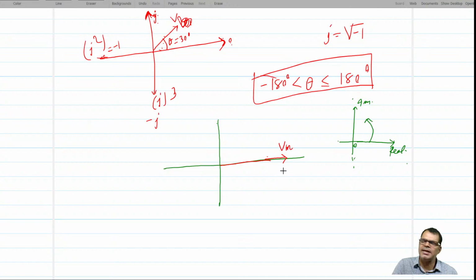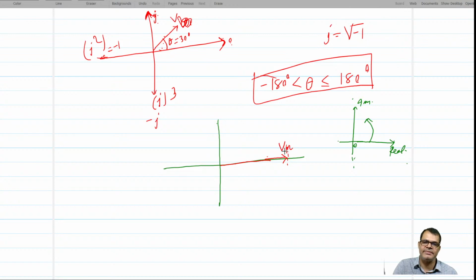Just think about a vector, right? What we see in vectors is magnitude and direction. Same way, the length of this phasor is the magnitude Vm, and direction is your angle.